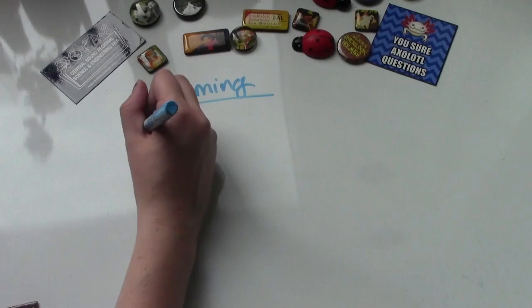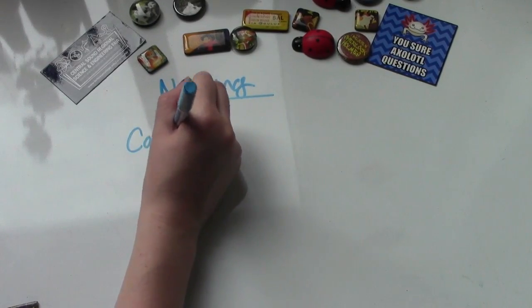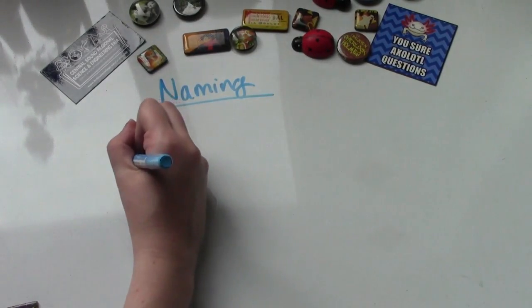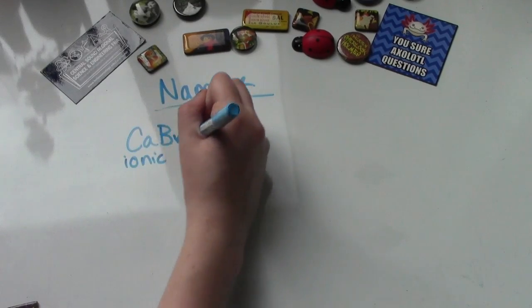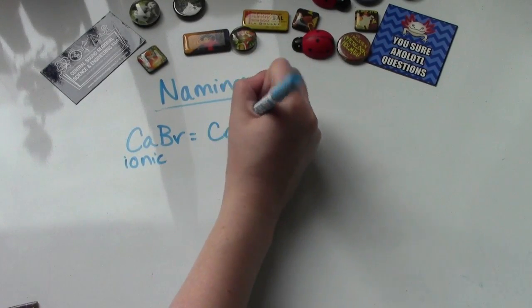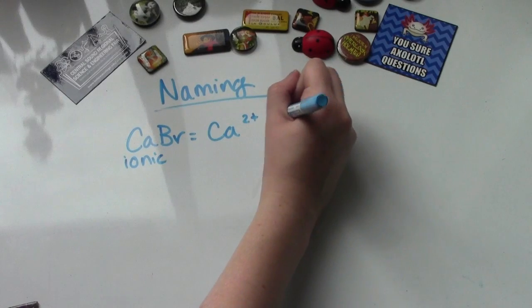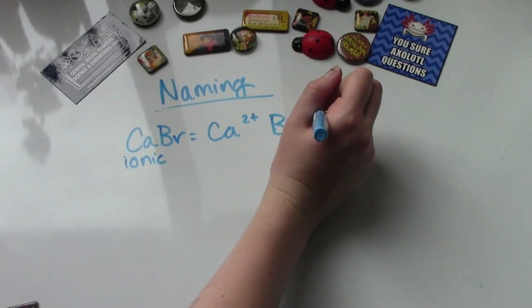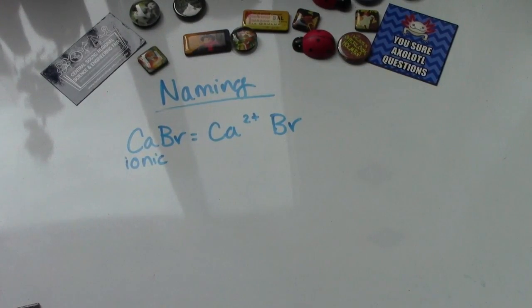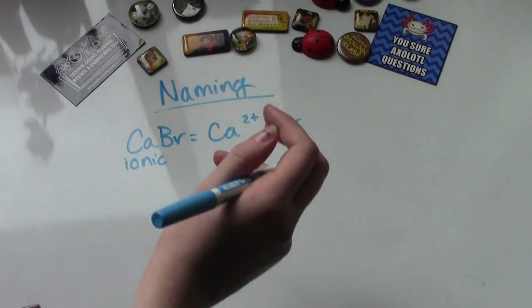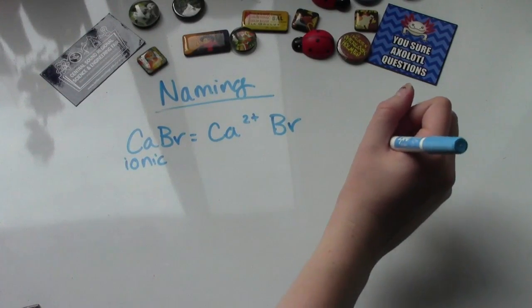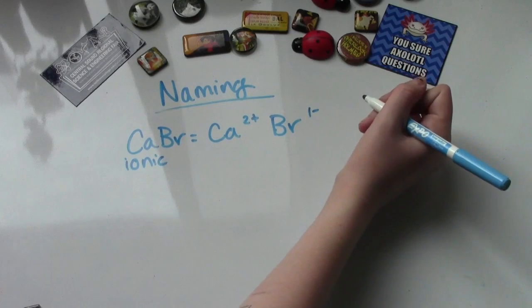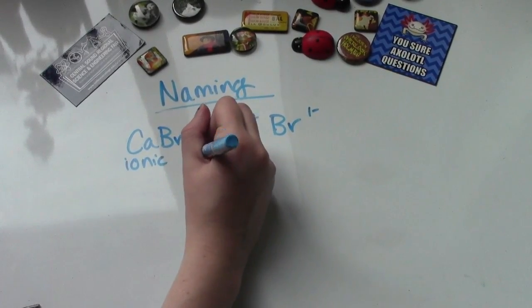But if we're looking at CaBr, which is technically ionic, our calcium is a 2+, our bromine is a 1-. So it would be CaBr2.